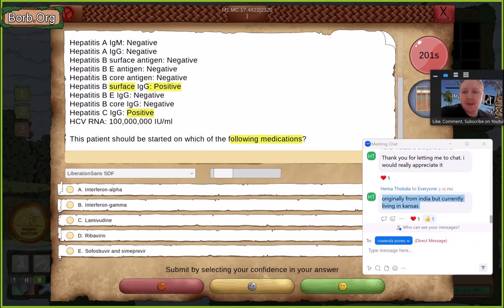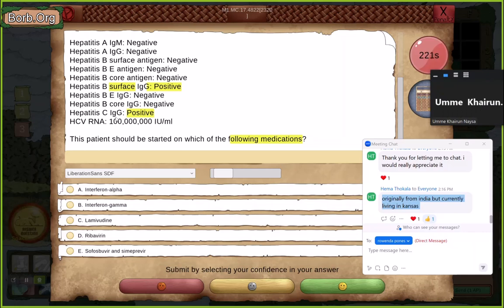But how do you think? So I would categorize this potentially as also, what is the difference between IgG and IgM antibodies? IgG is old, just carrying.